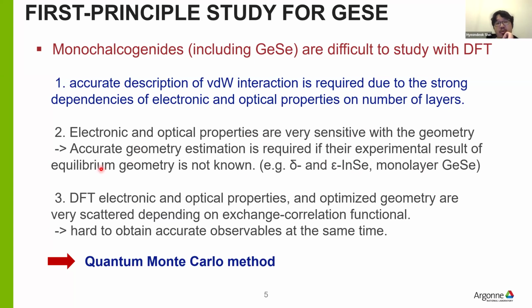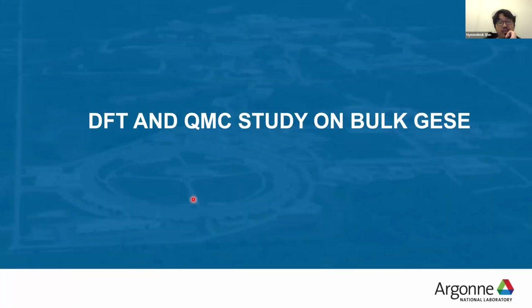And as we see above, the DFT electronic and optical properties and optimized geometries are very scattered depending on the exchange correlation functional, so it's hard to confirm the optical and electronic properties with DFT. This leads us to conclude that the QMC approach is needed to obtain accurate structural and optical properties for the germanium selenide structures. So we have the motivation for QMC.